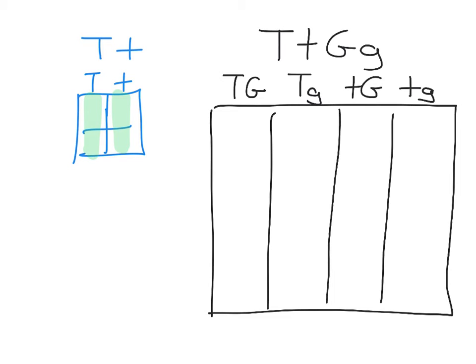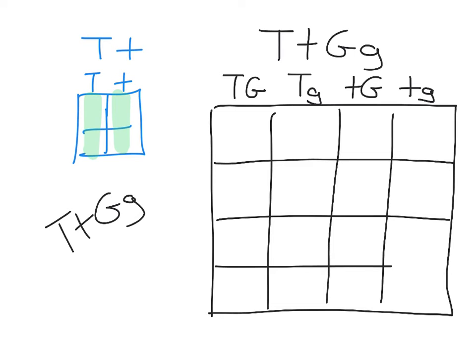Well, what do I put over here in the rows? That depends on what other pea plant this one crosses with. In the Punnett square with the most possibilities, that would be an individual who on this side of the Punnett square is also big T, big G, little t, little g. And then this individual will also generate 4 different possible sex cells, which will give you 4 different rows.